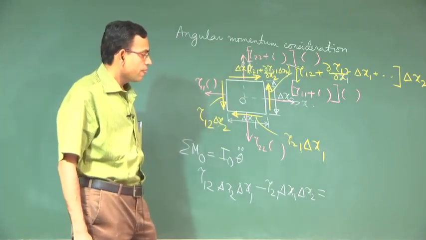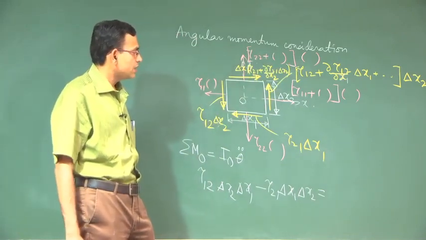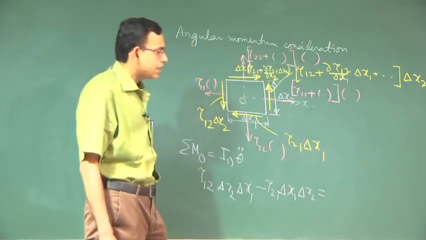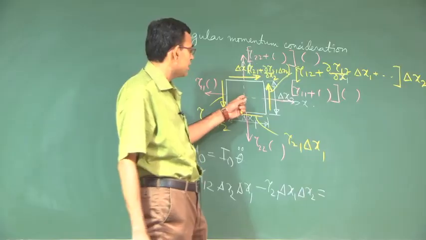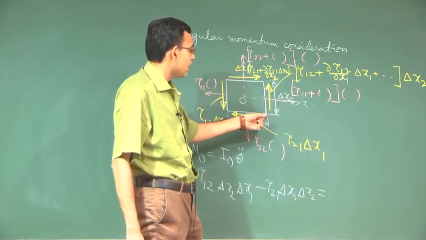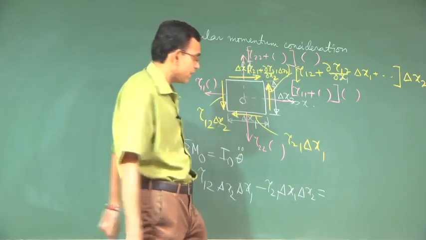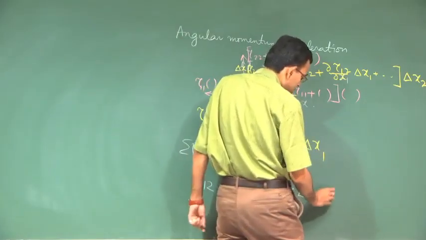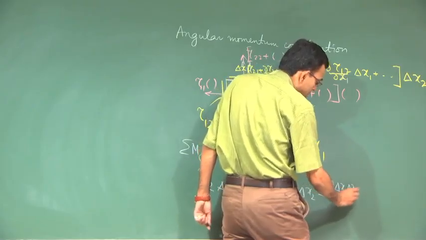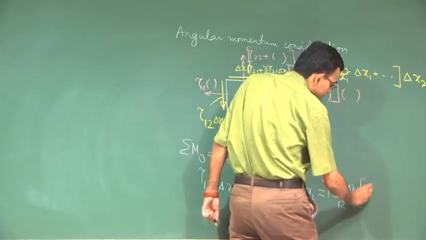is equal to the moment of inertia, which in this case with respect to O is 1 by 12 into m into delta x1 squared plus delta x2 squared. So, m is rho into delta x1 into delta x2 into 1, times this by 12.